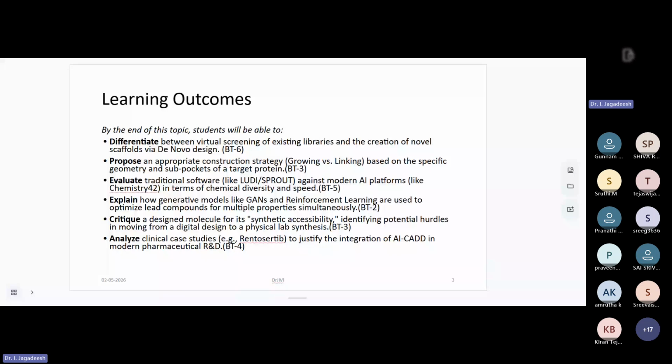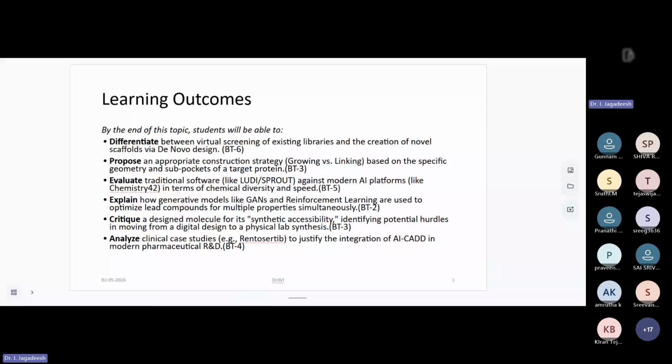Then you are going to evaluate different software outcomes so that you can pick the best for you. That is Bloom's taxonomy 5. You can explain generative models, based on the output you have got, and how it is required to be modified to your requirement. That is the understanding you are going to have.